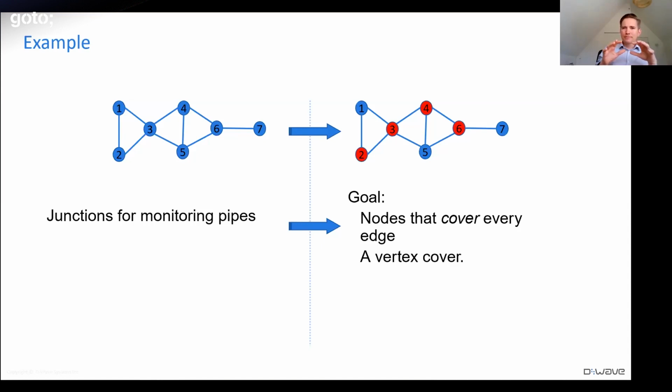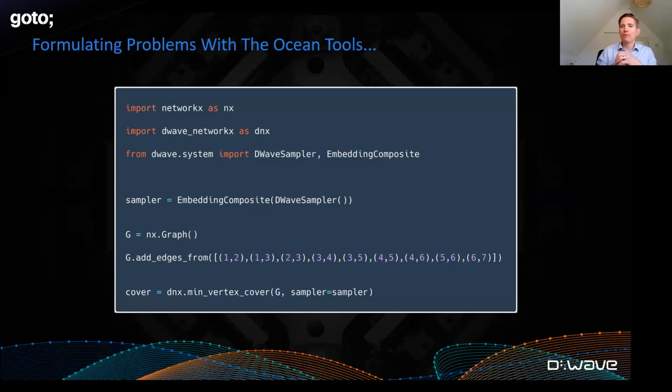Now, if you are looking to program with our open source tools, this is what a program that does that looks like. Importing some of the libraries at the start, establishing a connection to the D-Wave sampler here. So this is actually the link to a quantum computer. And then describing the network. You initiate a graph, which you're going to use to describe the network, and then you say, this is what my network looks like.